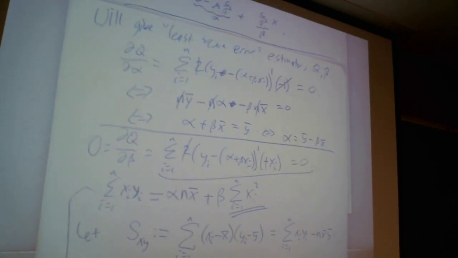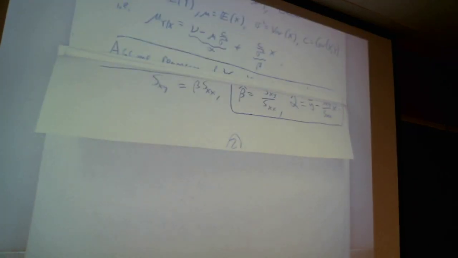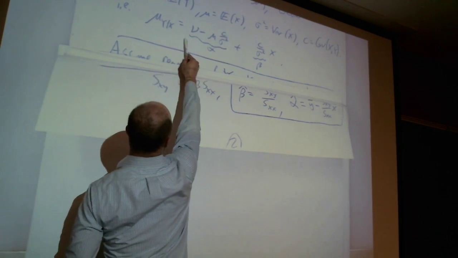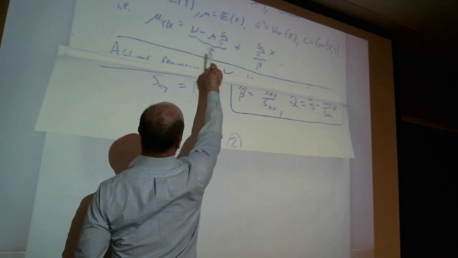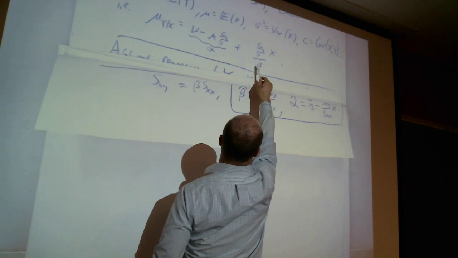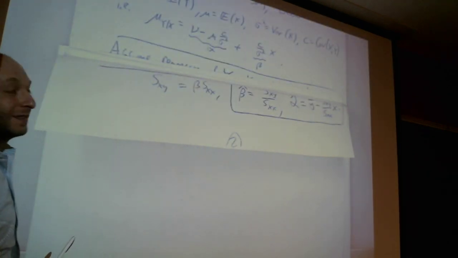How do I show you both of these things at once? I think I can do this. Or even better, this. The point is, what we did before is we said if there is a linear relationship, then that linear relationship is nu minus mu c over sigma squared plus c sigma squared x, right?